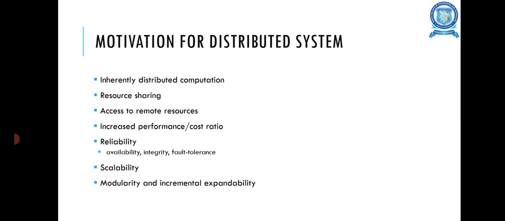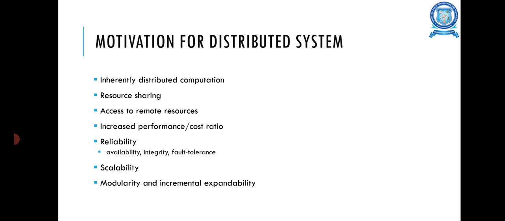Then motivation for the distributed system. Some of the motivations are described here. First one is inherently distributed computation. Second one is resource sharing. Then access to remote resources. The next one is increased performance cost ratio, that means incremental growth, where computing power can be added in small increments.